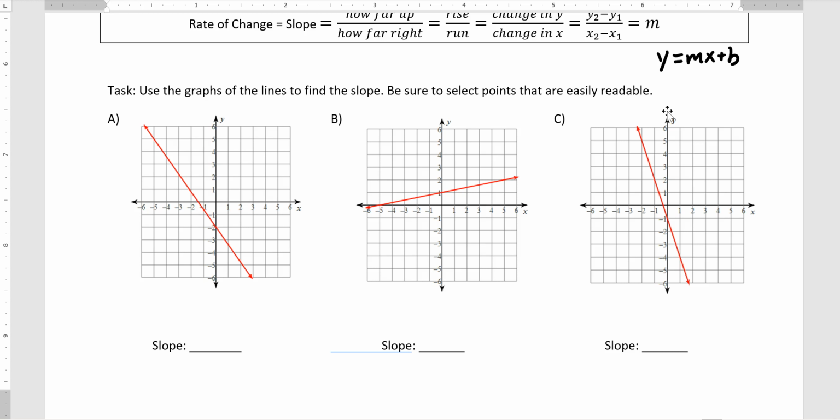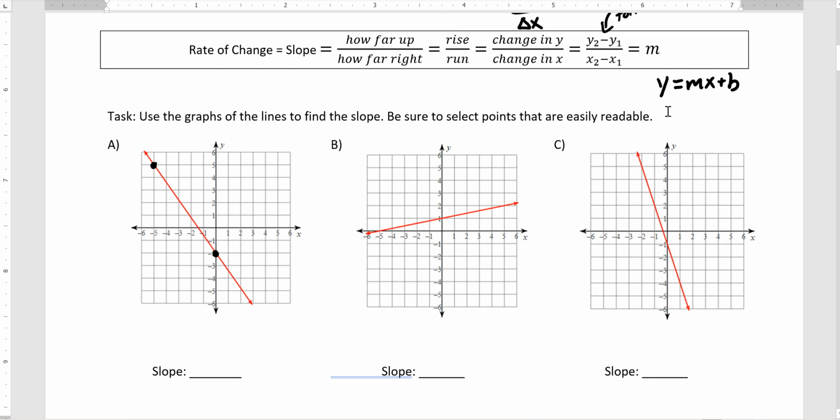So looking at letter A, I see a point here. Let's see, where else is there a point? Looks like there's one here. All right, so how far down to how far over, right? How far up to how far right, rise, run.